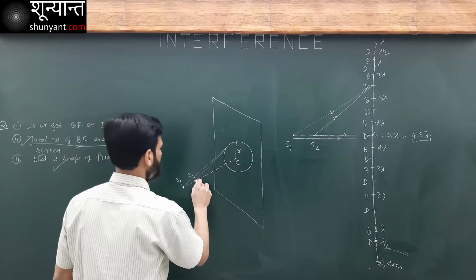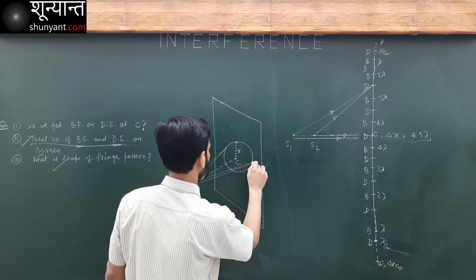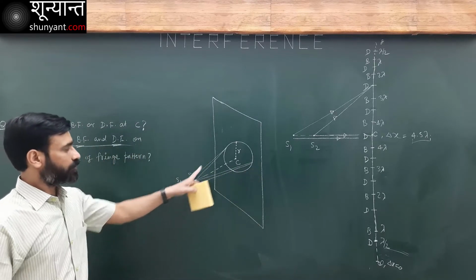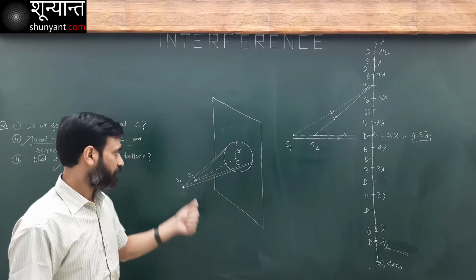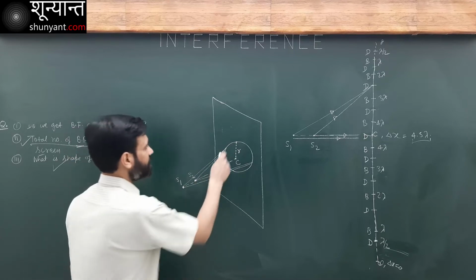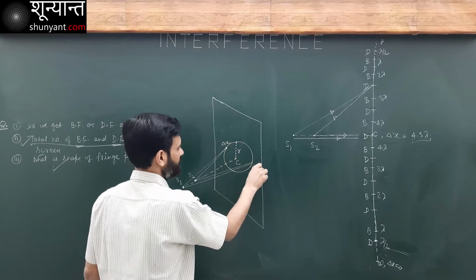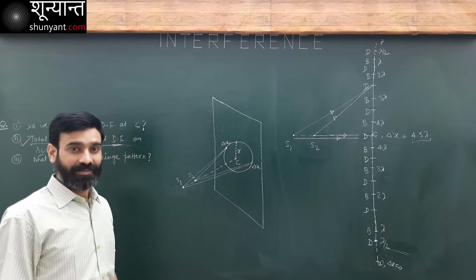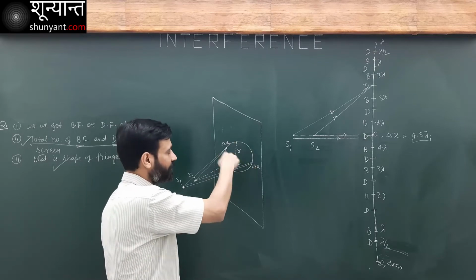So every point of this circle will be at the same distance from S1 and the same distance from S2. That means delta x is going to be the same. Whatever delta x is here, I will get the same delta x here. That means the path difference will be the same at every point of this circle.